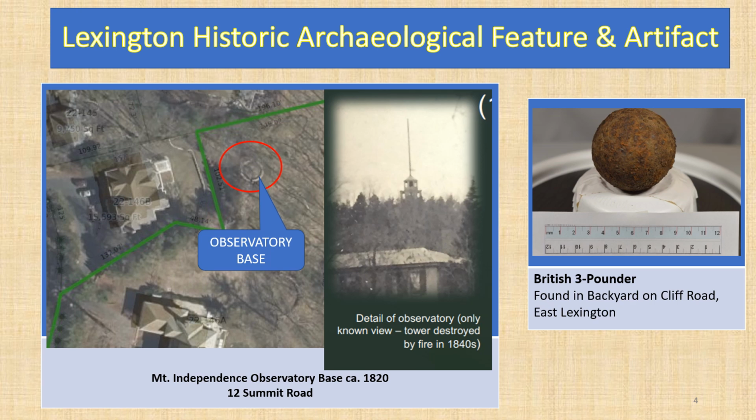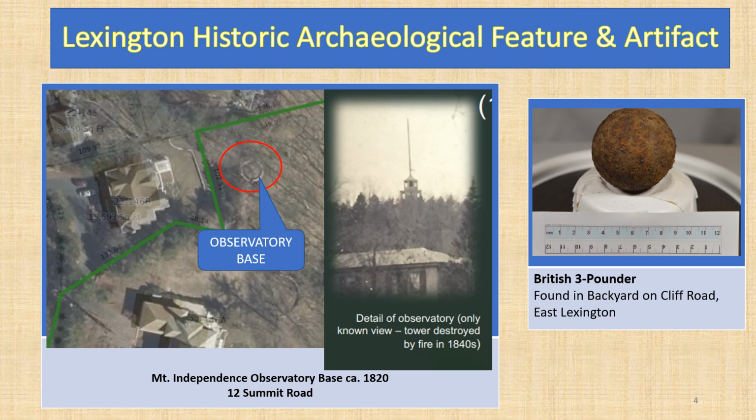In the early 1820s, the Robbins family of East Lexington constructed an observatory tower on what they named Mount Independence. It became a gathering place, particularly on holidays, for picnics and general celebration. It is claimed that one could see the ships of Boston Harbor from the top of the observatory, which is pictured in the middle of the slide here.